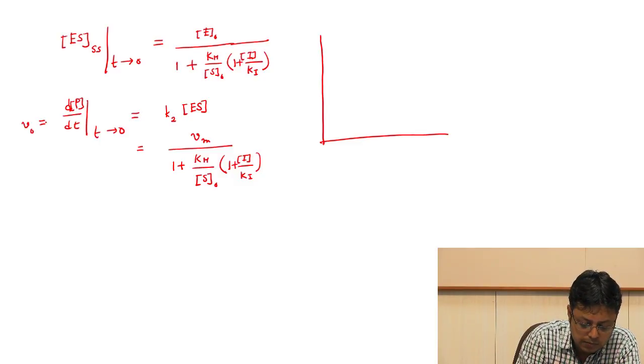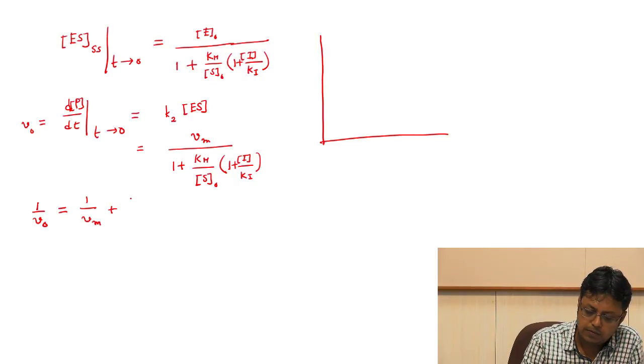The Lineweaver-Burk form, if I write it, will be 1 over V0 equals 1 over Vm plus Km divided by Vm into 1 plus inhibitor concentration divided by Ki, into 1 over S0.